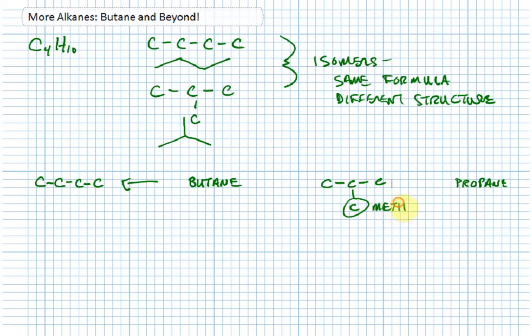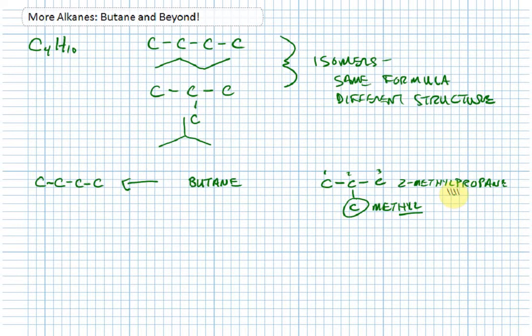We use the YL ending to indicate that there's a group. The group is attached to the chain. It's attached at position 2. And so we call this 2-methylpropane. And that's the name of that compound. So obviously different compounds have to have different names. That's the naming system.